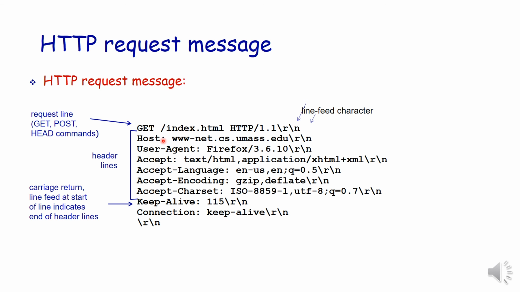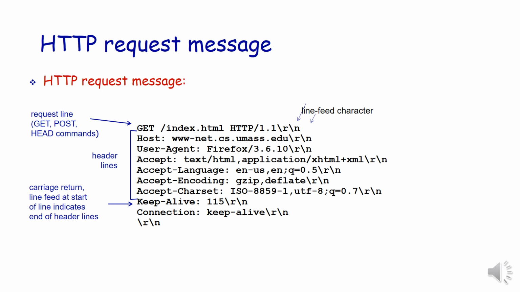You don't need to learn the header lines by heart, just understand that various header lines are there, and each has a different meaning, such as the encoding type and the character set used in the server, and all these must be in agreement between the client and the server.